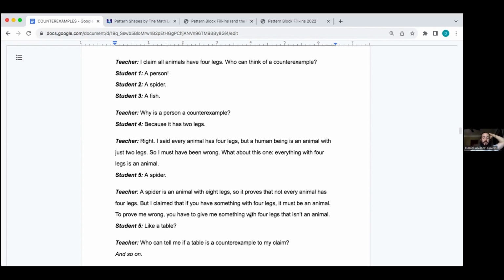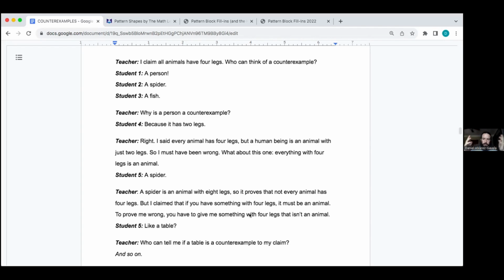Then a student maybe suggests a table, but maybe they're not very sure of the suggestion. If they're not very sure, the teacher can ask the class to help them understand whether it is a counterexample. So the teacher says, who can tell me if a table is a counterexample to my claim? And then maybe some other student has a chance of explaining the logic, and so on and so forth.